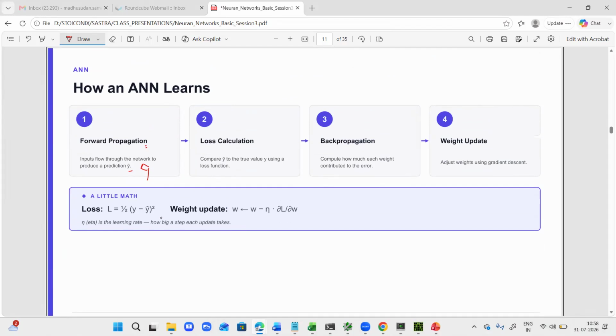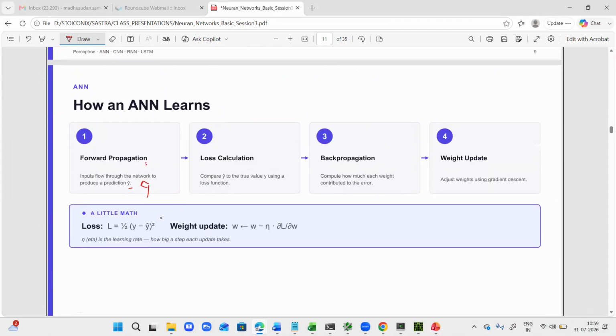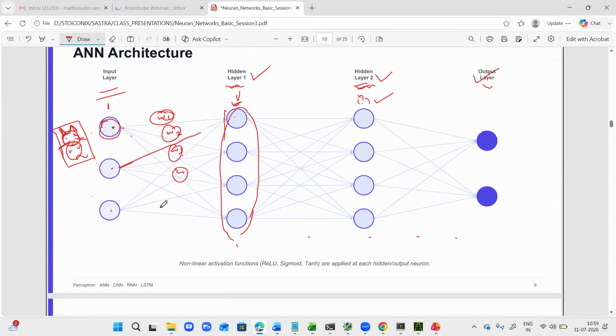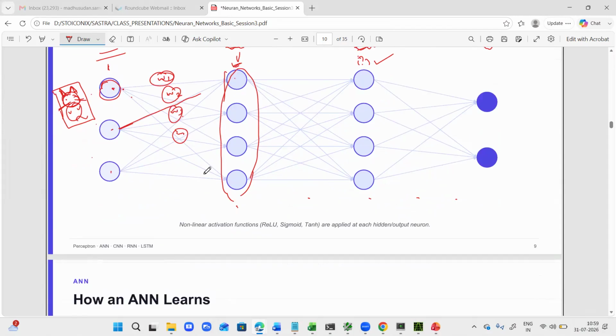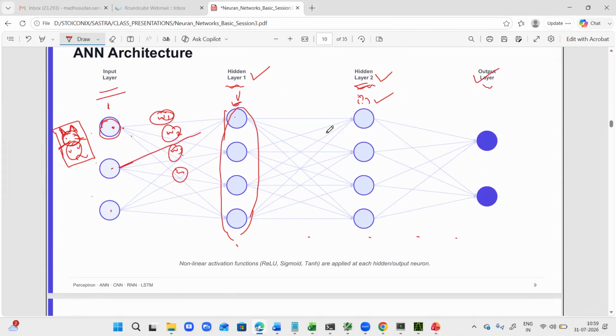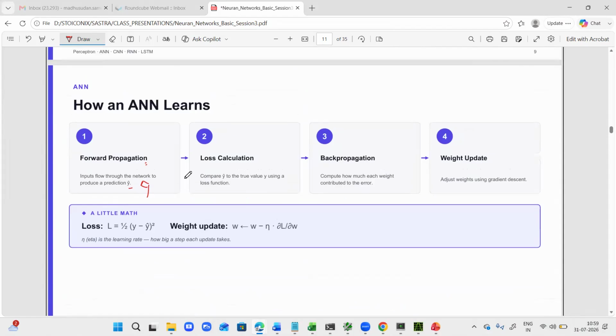To start with, you might have some random values for these weights, because it's not known what value to have for the weights. So you start off with some weights and do the forward pass, and you get an output. Let's call that output y cap.